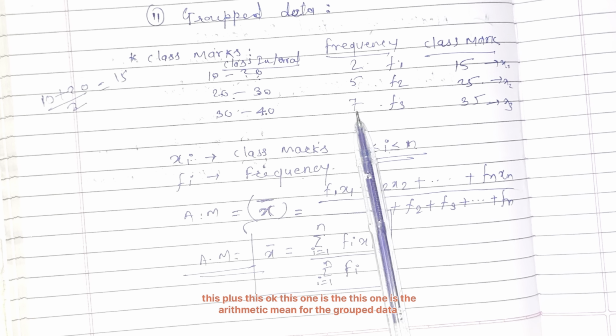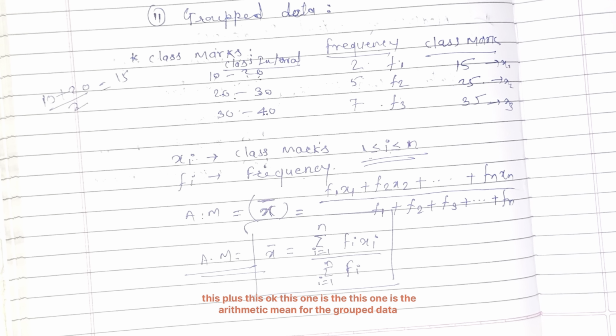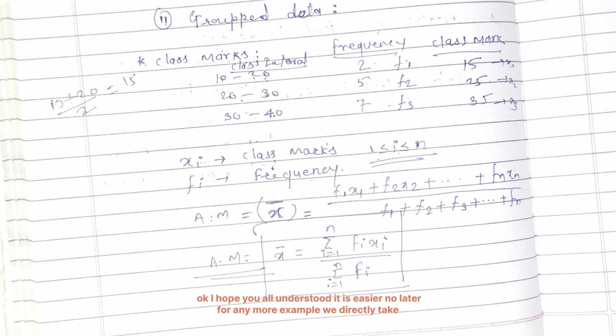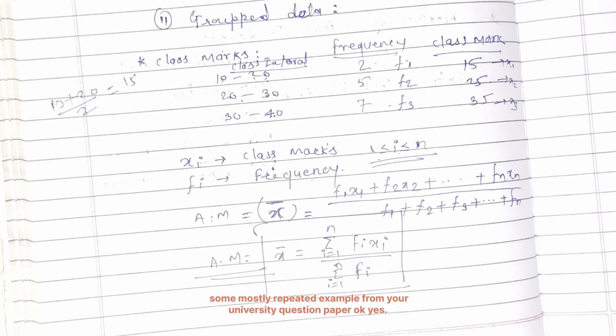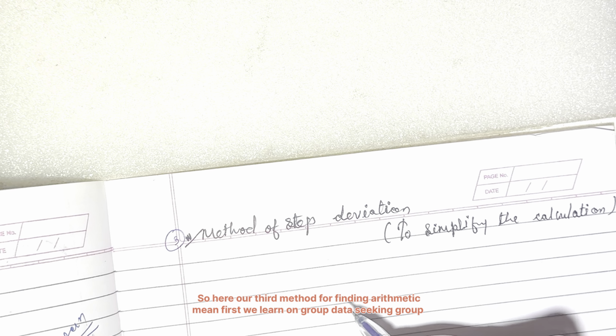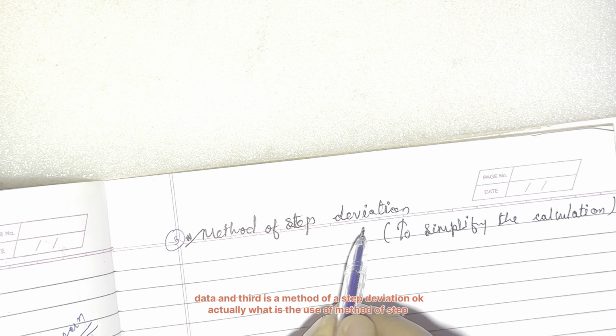This is the arithmetic mean for grouped data. I hope you all understood. It is very easy, no more examples needed. We will directly take some frequently repeated examples from your university question paper. So our third method for finding arithmetic mean: first we learned ungrouped data, second grouped data, and third is the step deviation method.